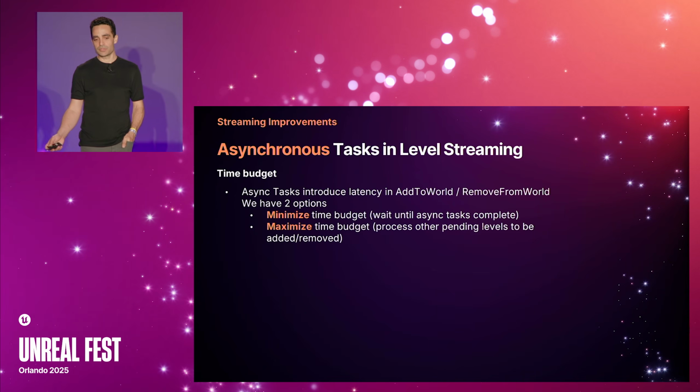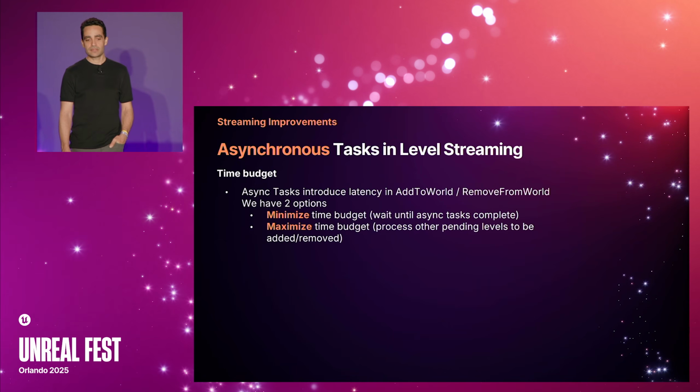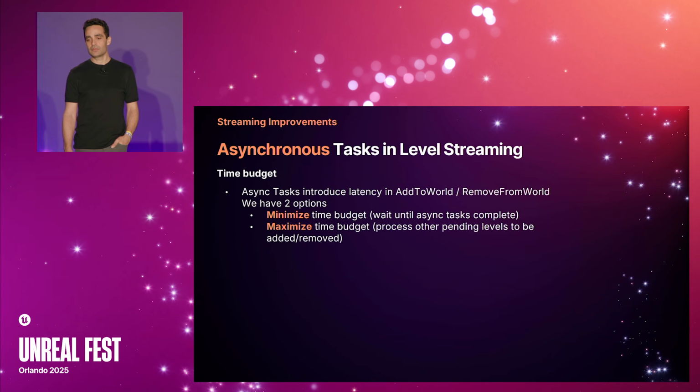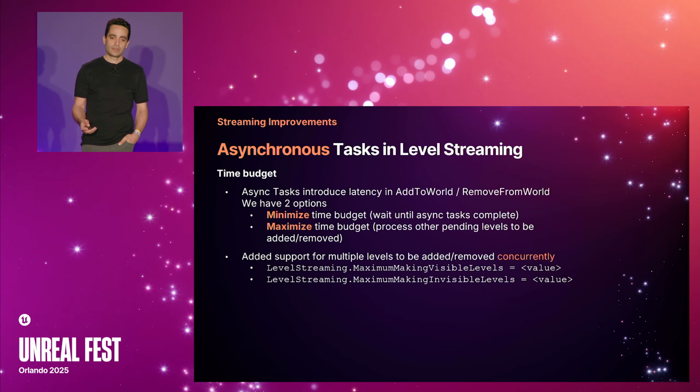So we have two options. Either we don't use the whole time budget, which is fine, and wait until the async task completes, or we try to maximize the time budget and start processing other pending levels to be added or removed. So to make the second option possible, we added support for adding and removing multiple levels concurrently.